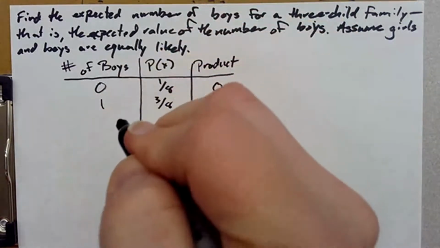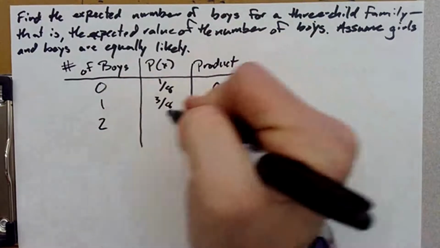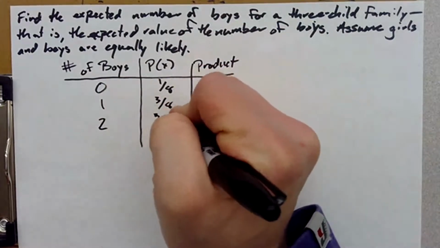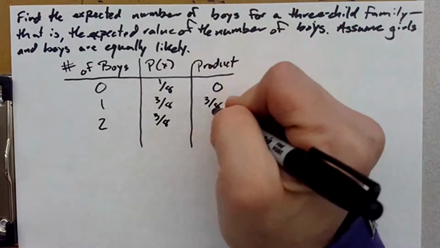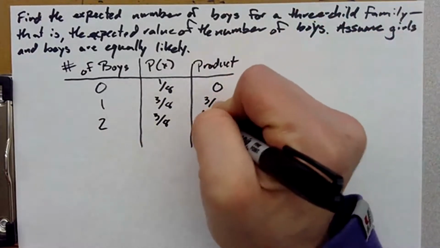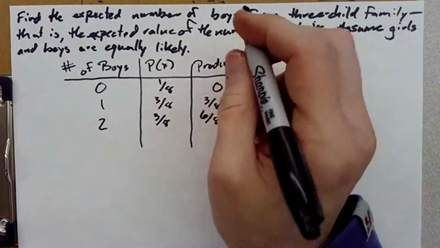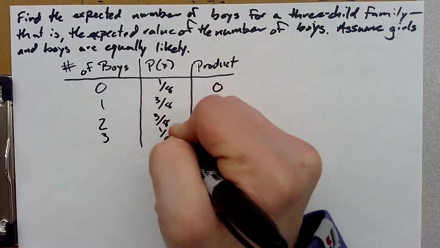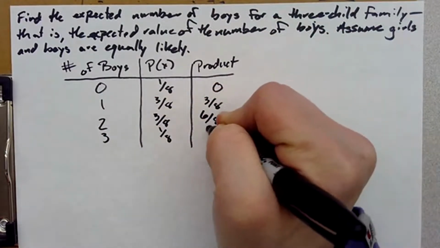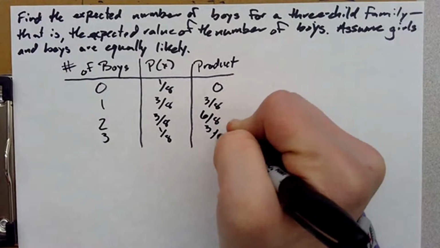When there are 2 boys, that will also happen 3/8 of the time. So 2 times 3/8 is 6/8. And when there are 3 boys, that will happen 1/8 of the time. And the product there is going to be 3/8 again.